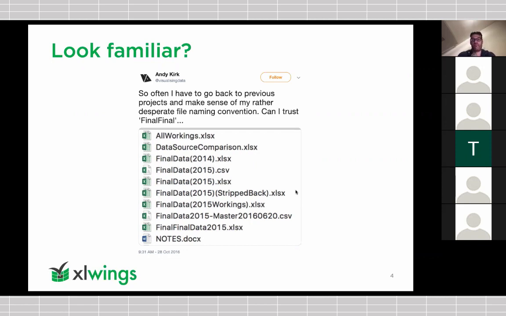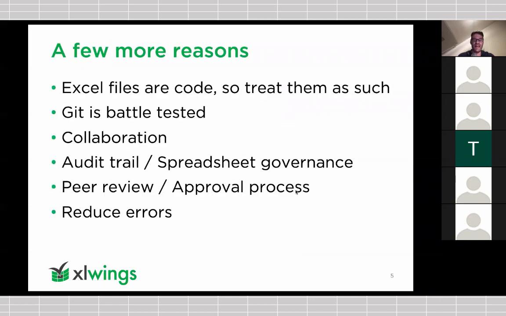And by and large, I would say that's the most common way to manage different versions in Excel. So if this were a physical meeting, then usually people would start nodding their heads when I show this tweet. So I just assume that this is the case with tonight's webinar audience too.